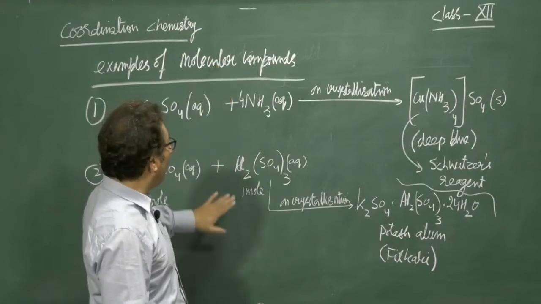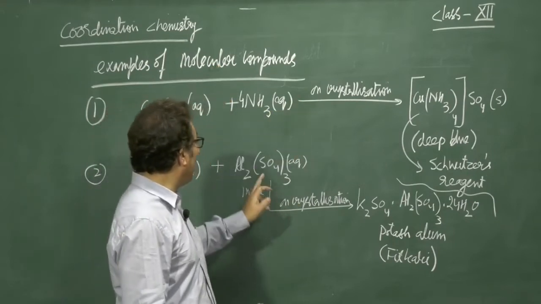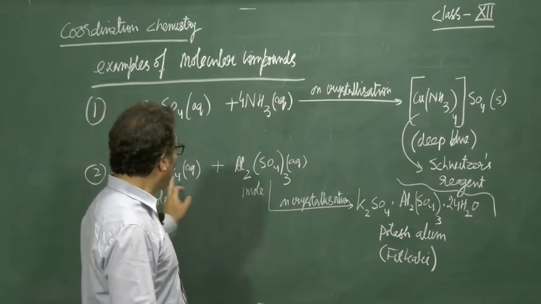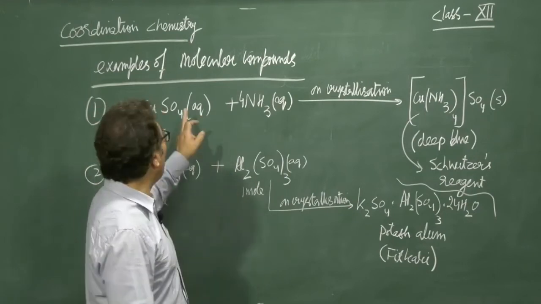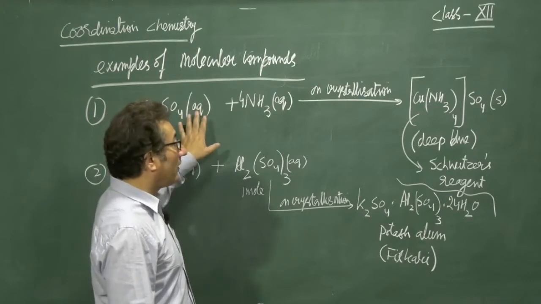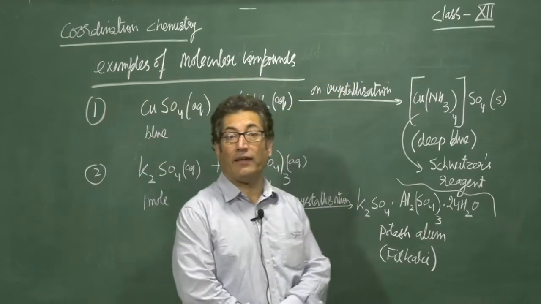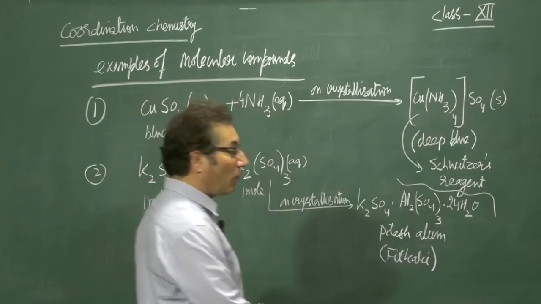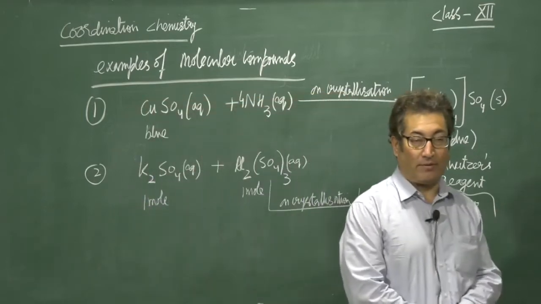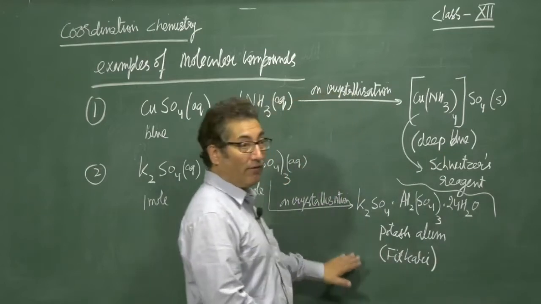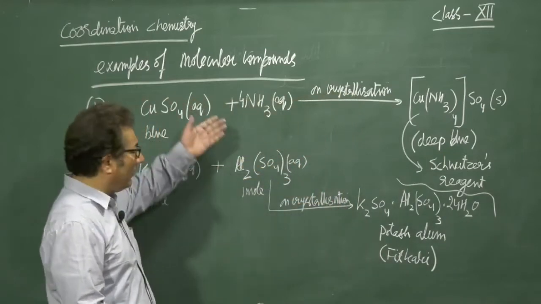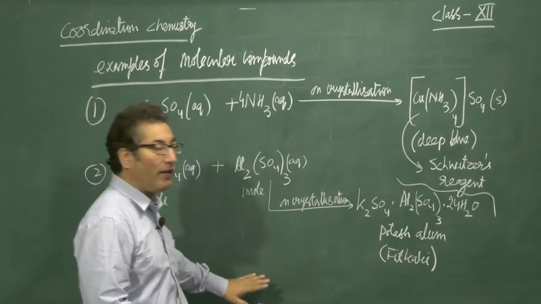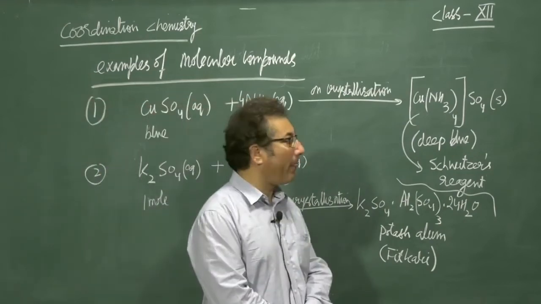And how are they formed? Again, on crystallization of a mixture of two stable solutions. Here both of them are salt solutions. Here only one of them is a salt solution. The compounds you get are called addition compounds. Now these addition compounds, I told you, are of 2 types. I have given you 2 examples here. Similarly, there can be many more examples formed in exactly the same way, by crystallization.